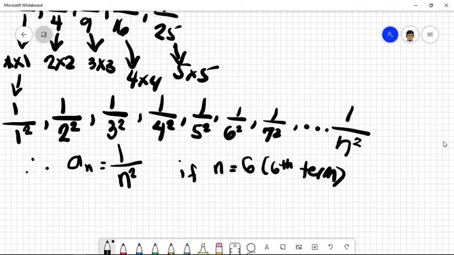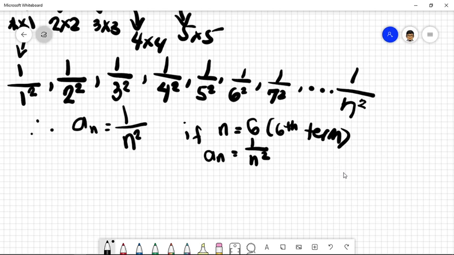Ang pang-anim na term ay makukuha sa pamamagitan ng a sub n is equal to 1 over n squared. Substitute the value of n, it is 6. So, lahat ng n papuntahin natin sa 6. A sub 6 is equal to 1 over 6 square. Ano yung 6 square natin? A sub 6 is equal to 1 over 36.